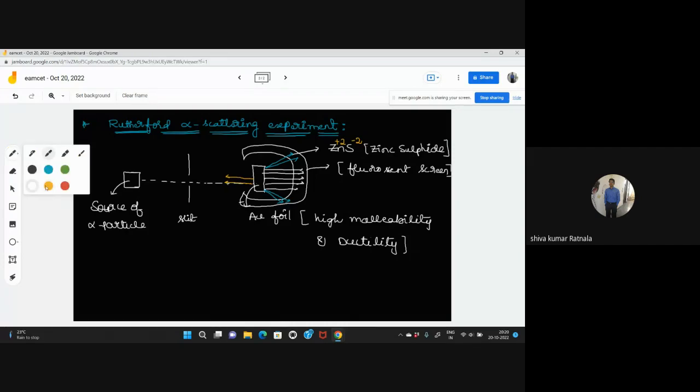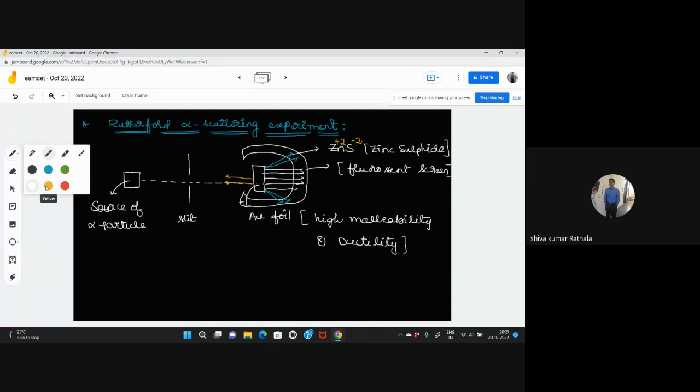Mainly, in this experiment he took a gold foil, and around that gold foil he placed a fluorescent screen. Whenever light strikes the surface, a tiny flash is going to be observed.